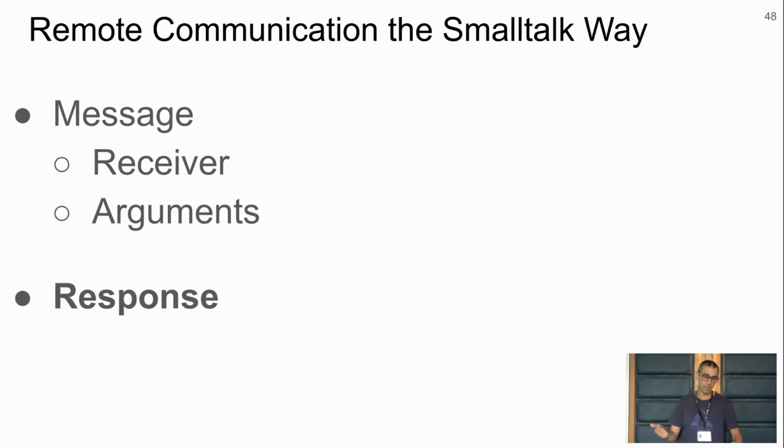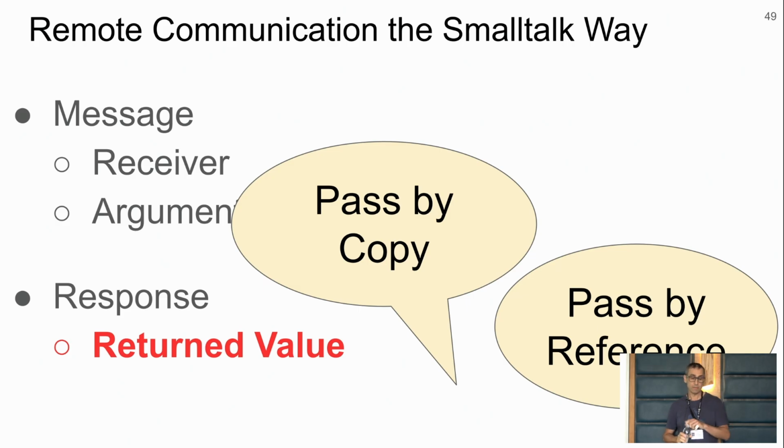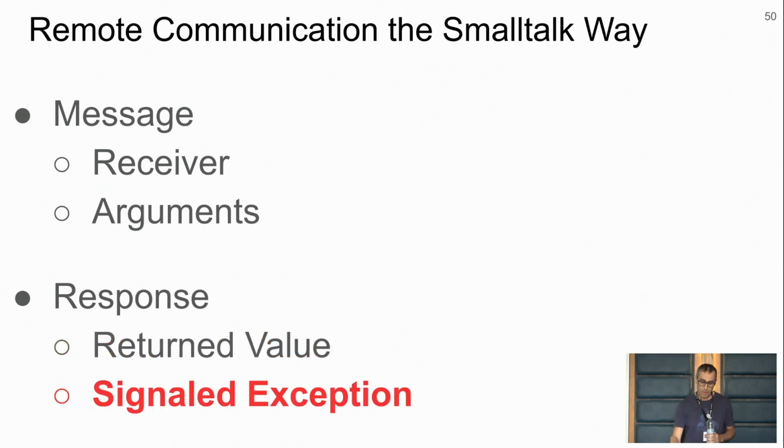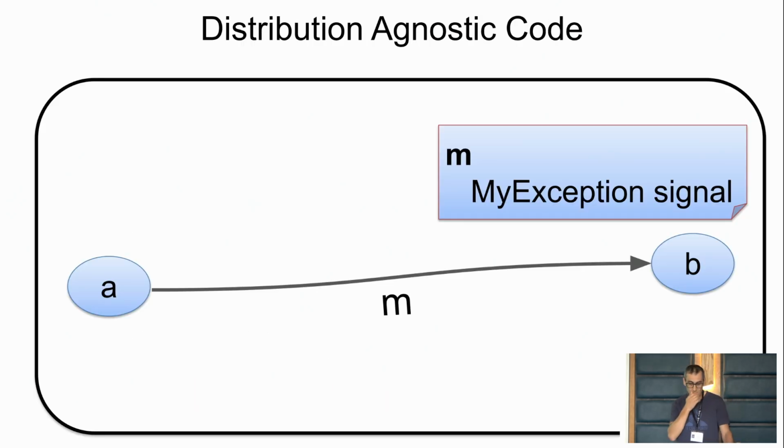So we did the message receiver, delivery, and arguments, and now the last part of a message is the response. A message gets a return value that can be passed by copy or by reference, like an argument, fairly normal. But what happens when we have an exception? Imagine I'm in a single image, and A is sending a message M to B, and M signals my specific domain exception.